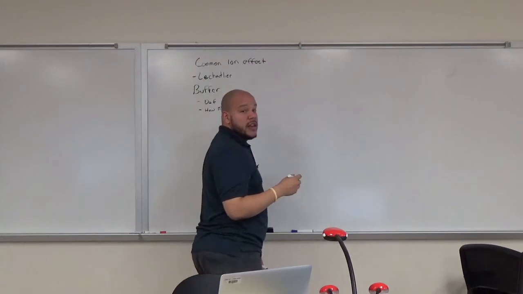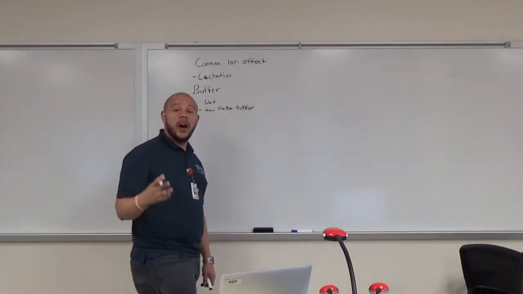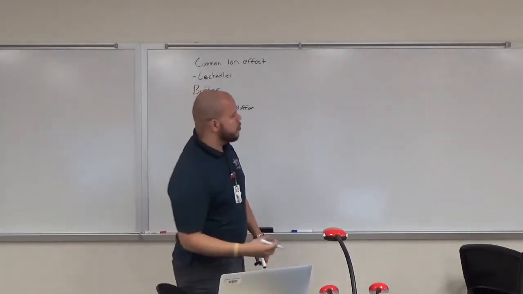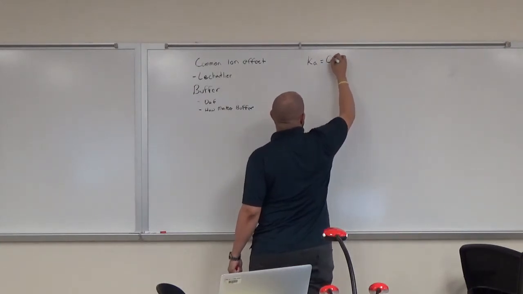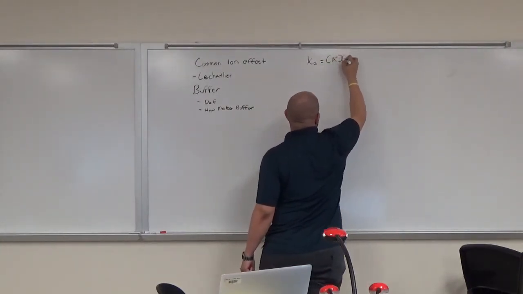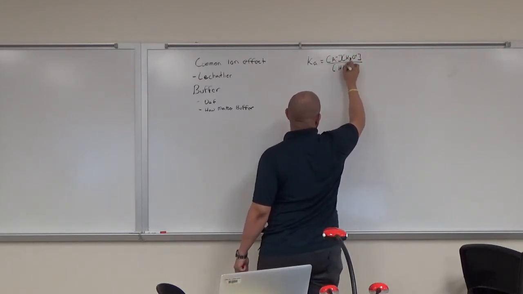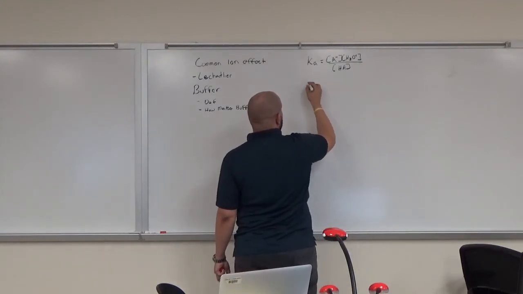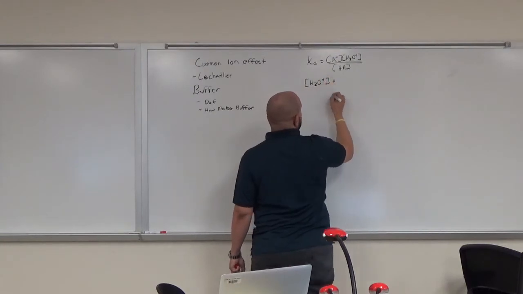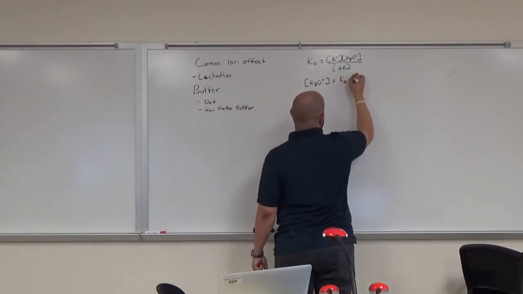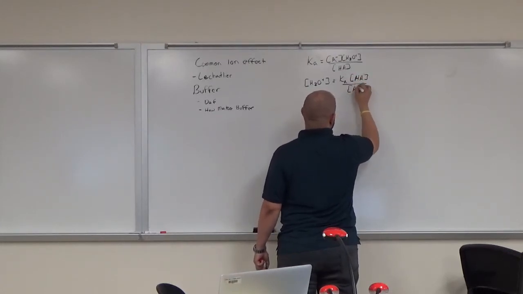Here is the derivation that's done in the textbook. You don't necessarily have to know this derivation, but this formula that we're going to get to is in your reference material. So if we know that Ka is equal to [A minus][H3O plus] all over [HA], and we rearrange, we know that [H3O plus] is equal to Ka times [HA] all over [A minus].